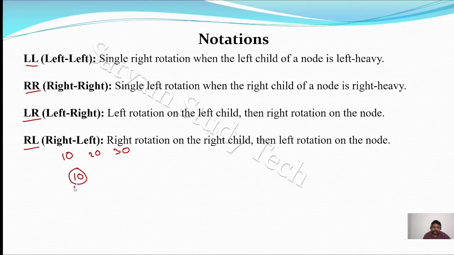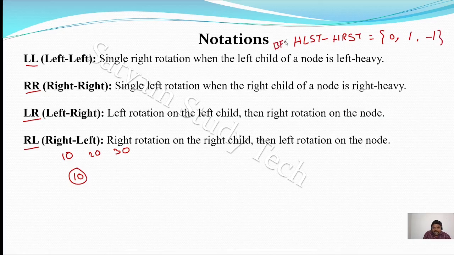What is the balance factor? The height of the left subtree minus the height of the right subtree must be equal to 0, 1, or minus 1 only. Okay, this is the balance factor.